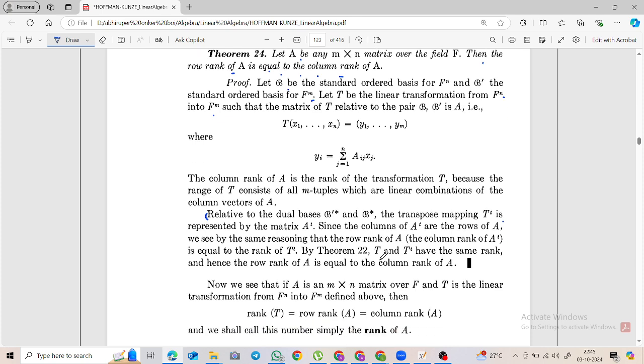So the column rank of A is basically the row rank of A transpose. Okay, so this is an obvious result, because we have seen that the rank of T is equal to the rank of T transpose.